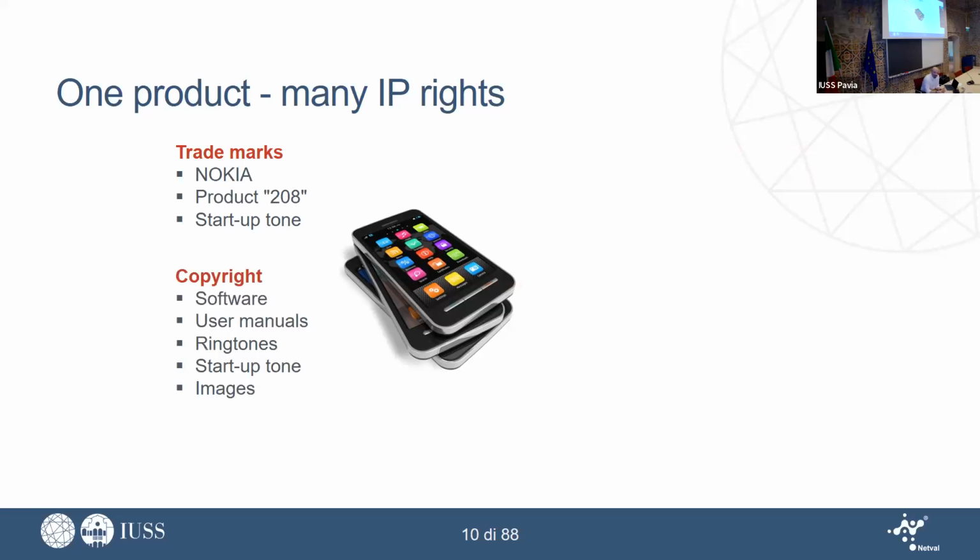We can protect with copyright software, of course. We'll see then why software is protected by copyright and not by patents. The user manual, of course. The ringtones, they are music, the startup tone, and also images.